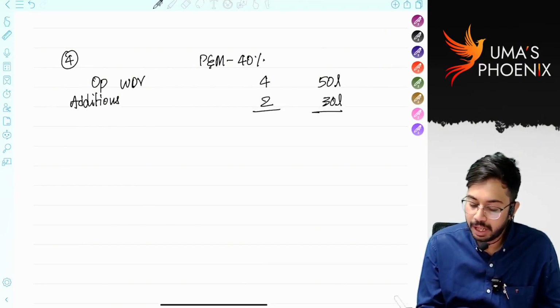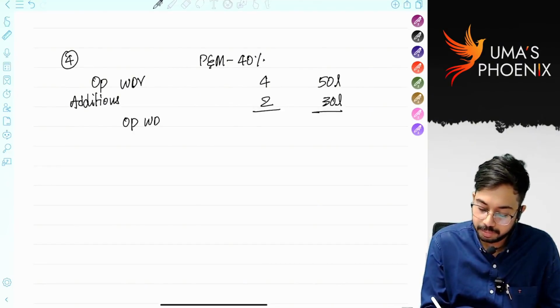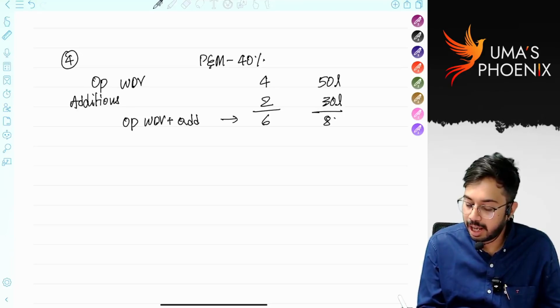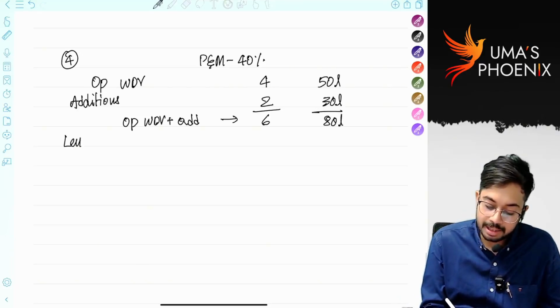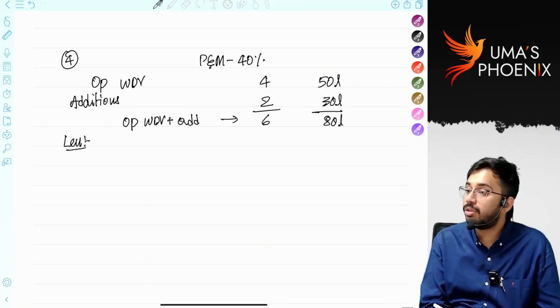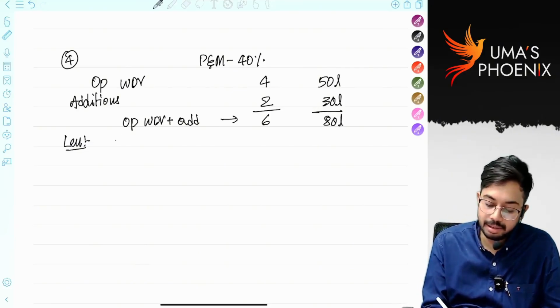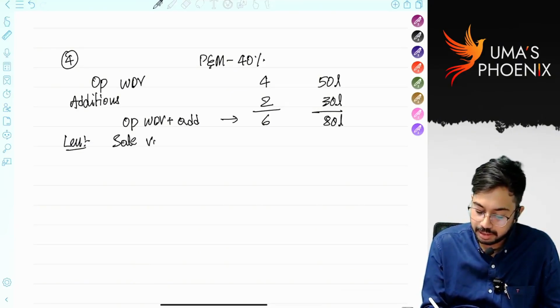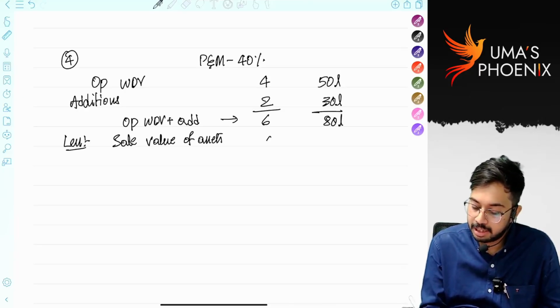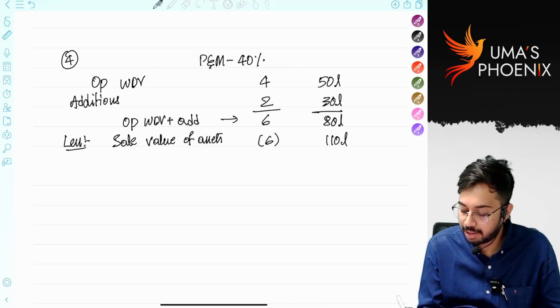How much are opening written down value plus additions? 6 assets 80 lakhs. All assets are sold for 110 lakhs. Sale value of assets. All 6 assets are sold in the block for 110 lakhs.